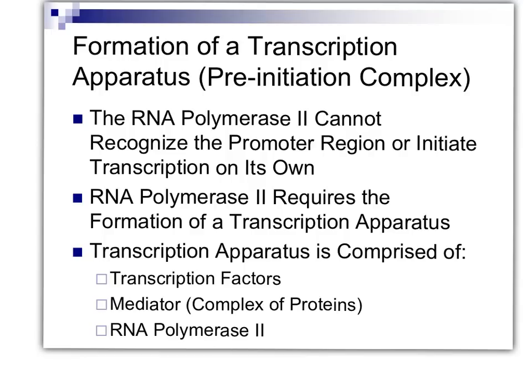It requires factors, proteins, to be able to point out where the promoter region is. Therefore, it requires these transcription factors to start what's called a transcription apparatus. And that consists of the transcription factors, a mediator, and then the RNA polymerase, which will recognize those transcription factors.